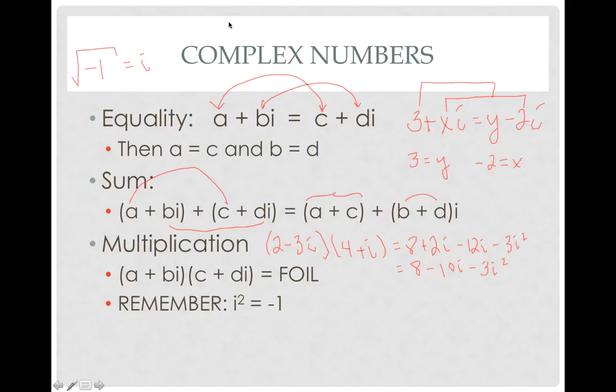So it's very important that we remember this. It's a very big piece because right here, i squared makes negative 1. So we get 8 minus 10i plus 3 because it's a minus 3 times a minus 1. And therefore, this becomes 11 minus 10i, and then we are done.